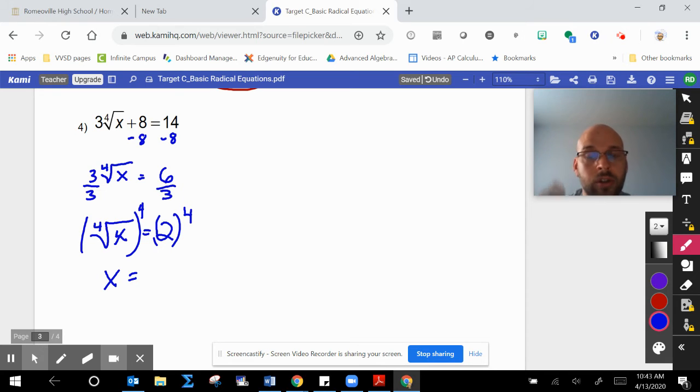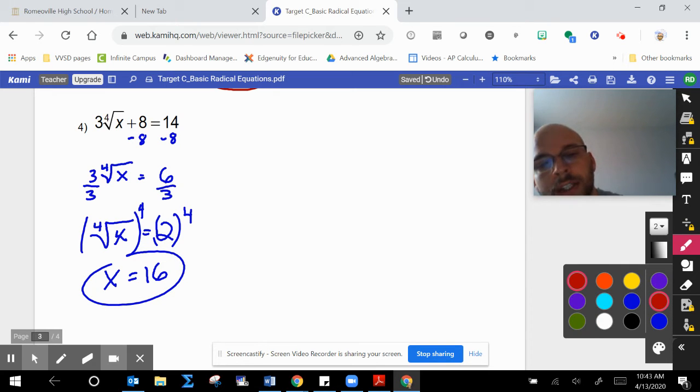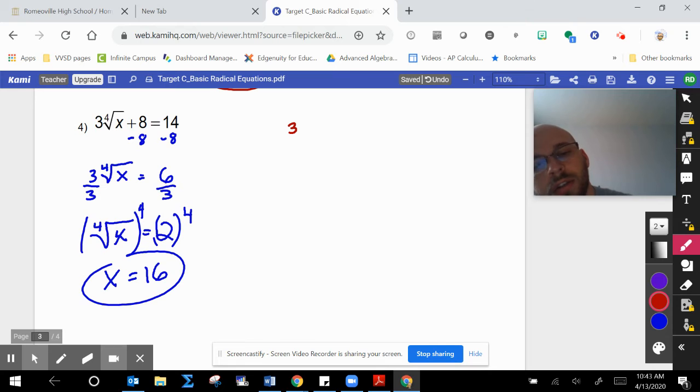If you were to do that in the calculator, just do 2 times 2 times 2 times 2, so 4 2s. That gives you a value of 16. Okay, so now let's check our answer. So I say 3 times the fourth root of 16 plus 8 equals 14.